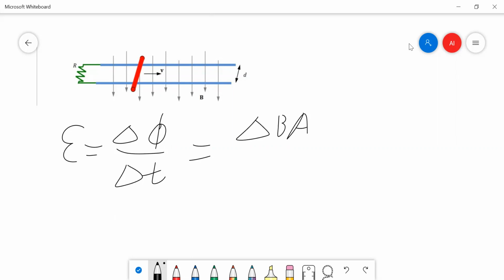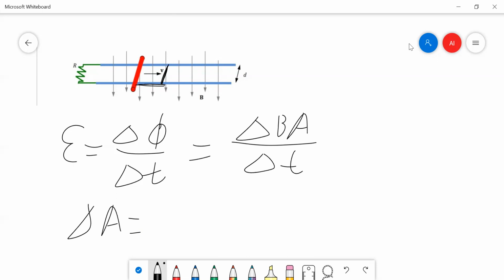So to calculate the change in area, well, let me write this out. We have this times this, essentially. And this is just going to be the velocity times the change in time, however long it takes to go across this, right?